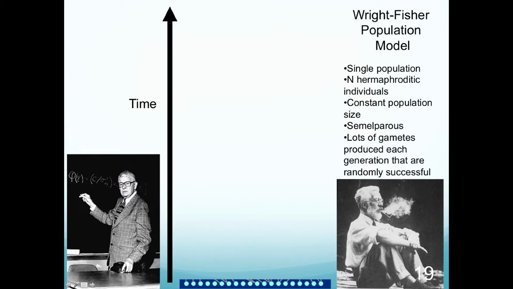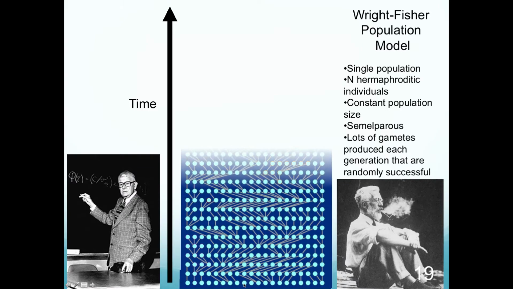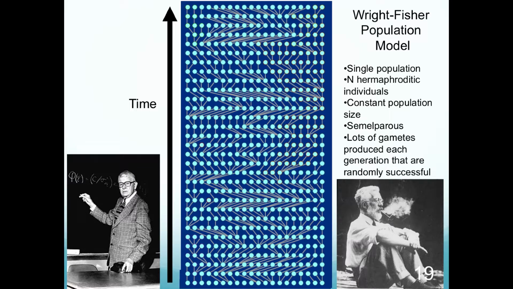And they produce lots and lots of gametes, of which only a few are randomly successful. And we can take these individuals, and only some of the individuals are going to be able to successfully reproduce. This individual produced 2 offspring, this individual produced 1, this individual produced 0 offspring, and so on. And we can simulate that into the future, and this is one of the most classic population genetic models that exists.